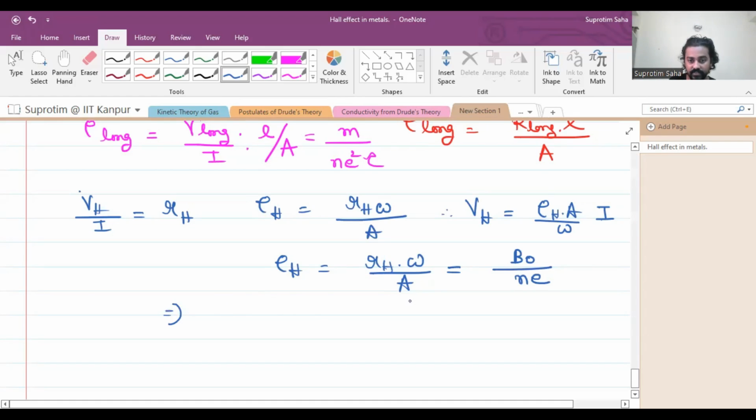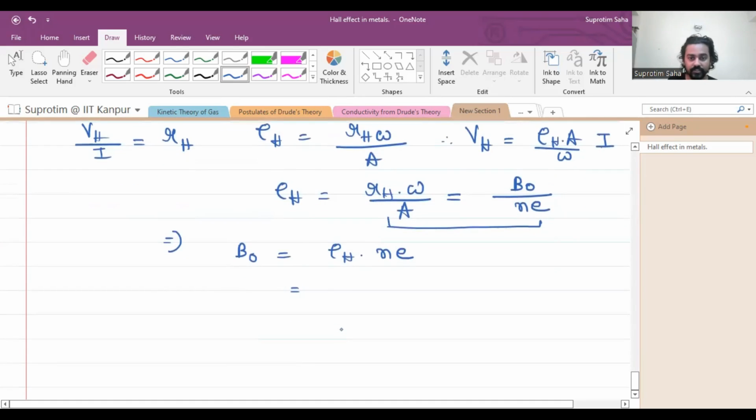So if you know RH, then B naught is rho H times NE, which is given by RH times W over A times NE, which is also equal to RH times B naught.